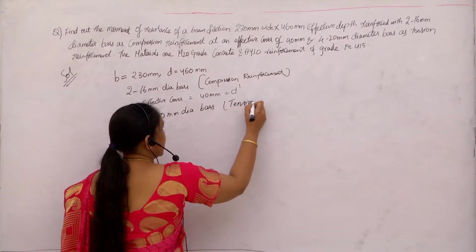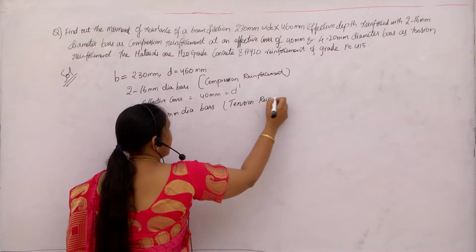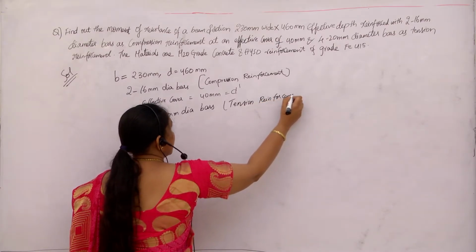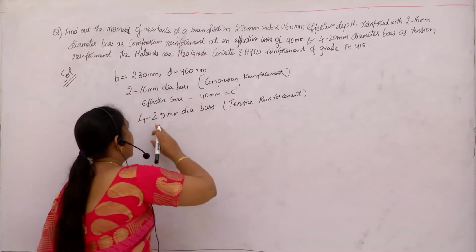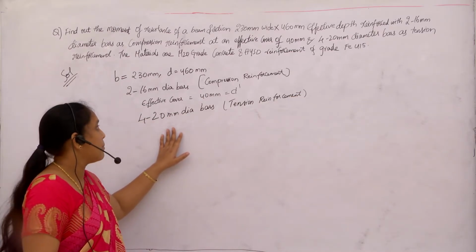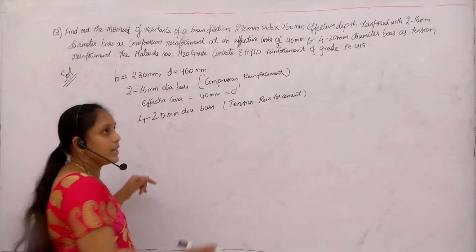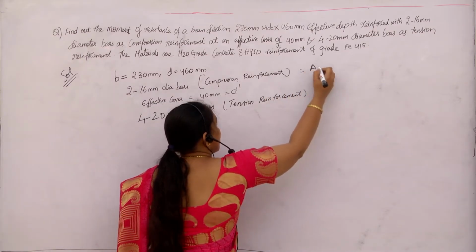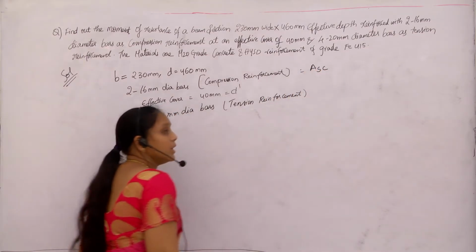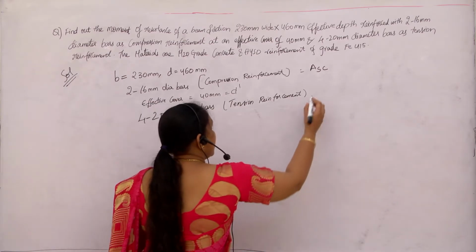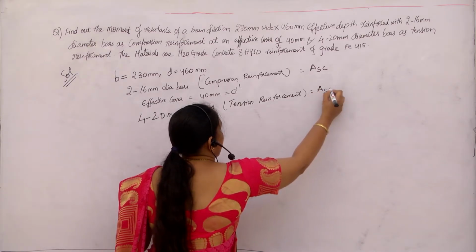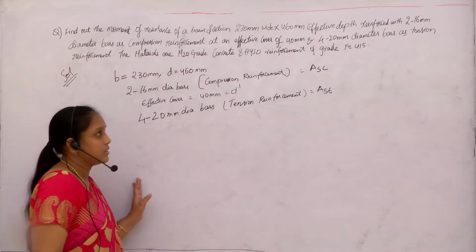So in the tension zone they have provided how many bars? They have provided 4 20 mm dia bars. So from these two, you can find out the area of the compression steel, and you can find out the area of the tensile steel.